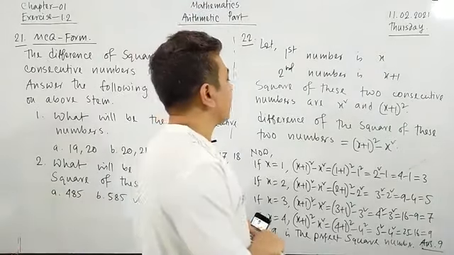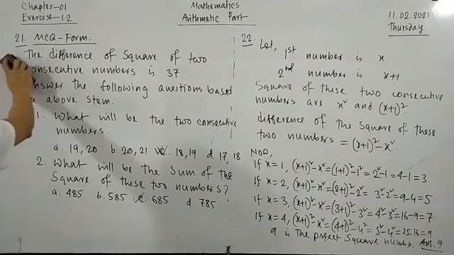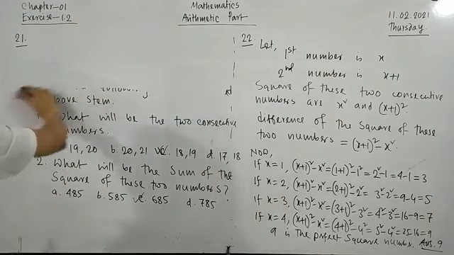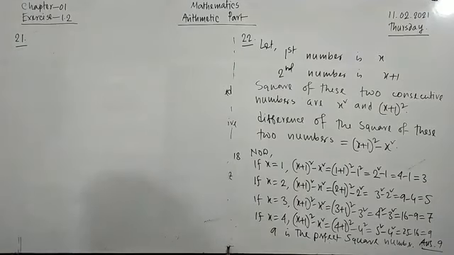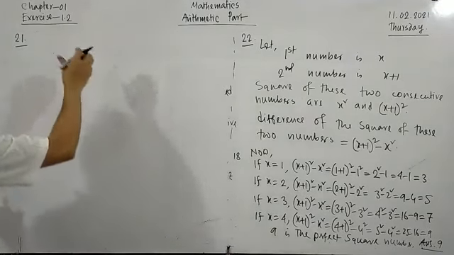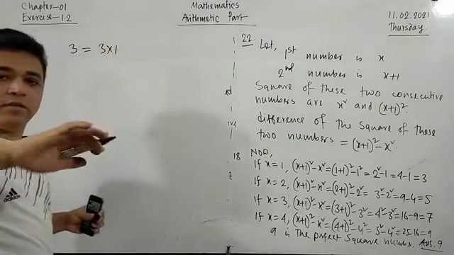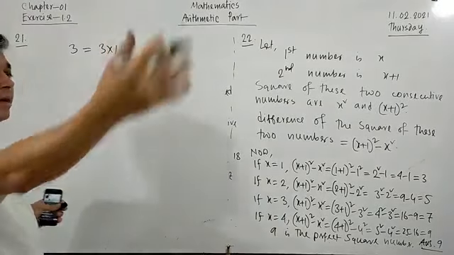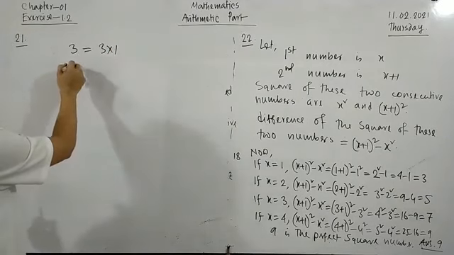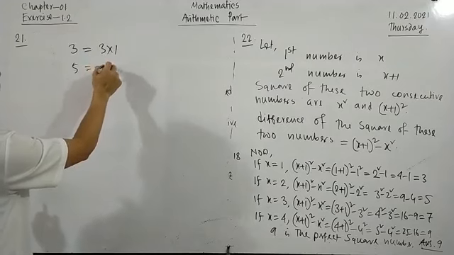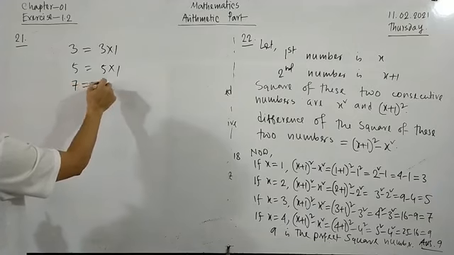For example, here this 9, look at that. 3 is not a perfect square number because we can write 3 into 1, but in another form we cannot write it as 3 into 3. 5 we can write as 5 into 1, and 7 we can write as 7 into 1.